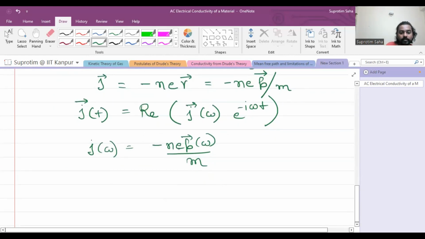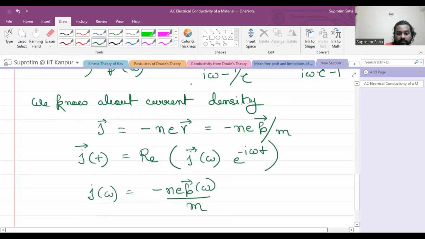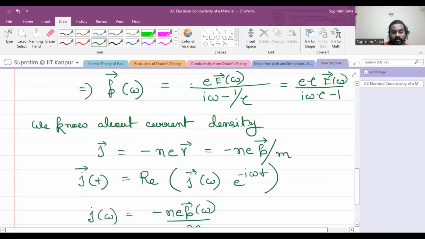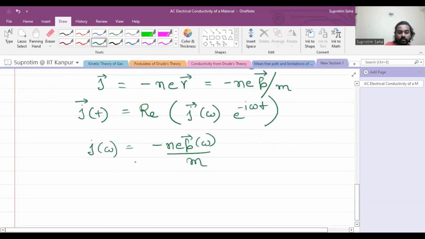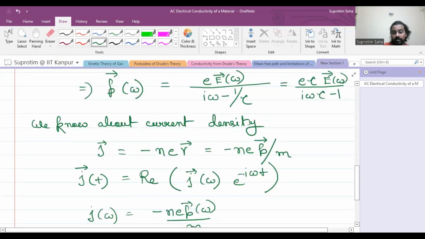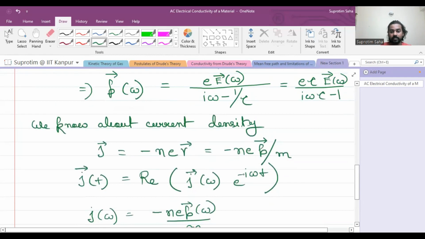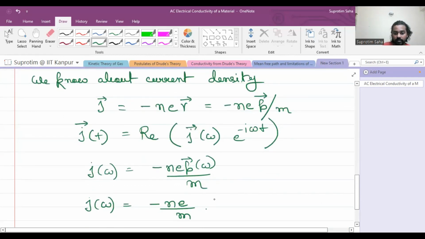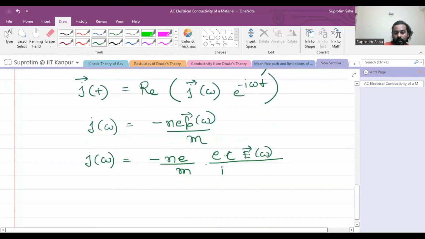Now what we want to do is put this form in for p of omega. So J vector omega is minus n e by m into, we have gotten earlier, the p of omega, which equals minus e tau E vector omega by (i omega tau minus 1).